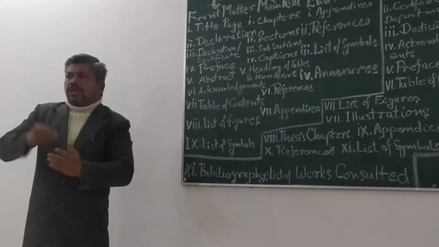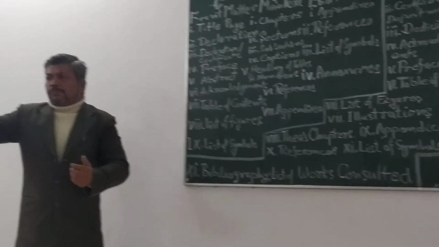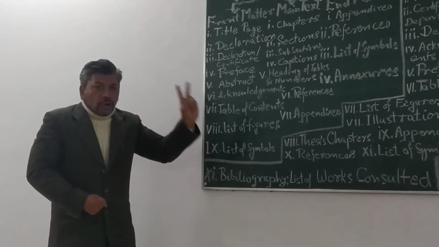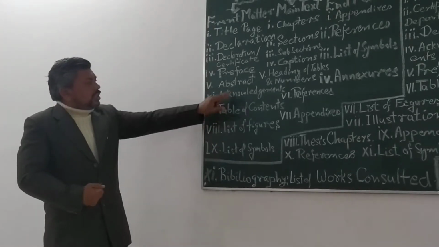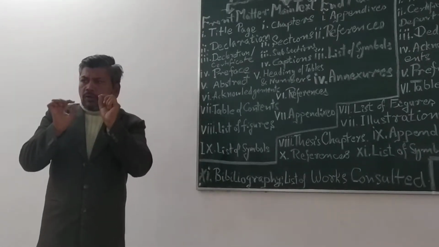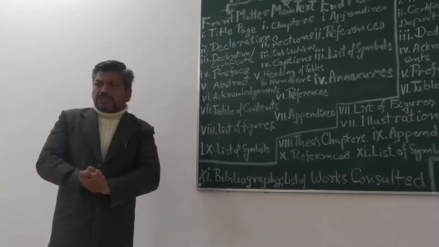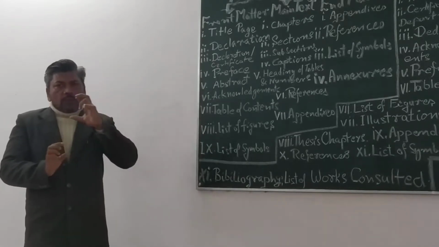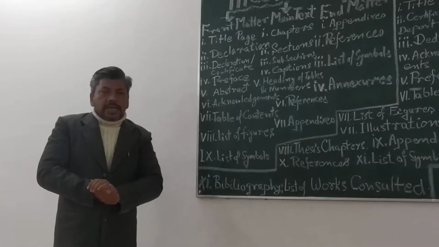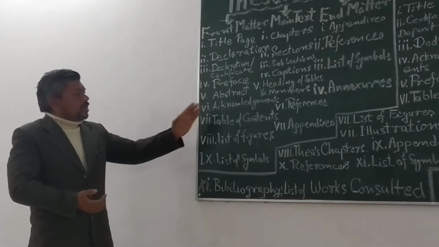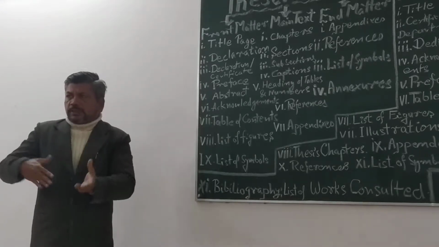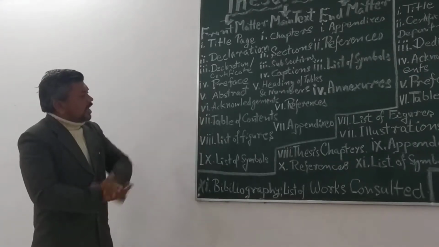Summary cannot be quoted, cited, or independently produced, but abstract is an authentic document of the research. That's why it must have all concrete information, well compacted, with a beginning, middle, and end. Summary cannot stand independently, abstract can.